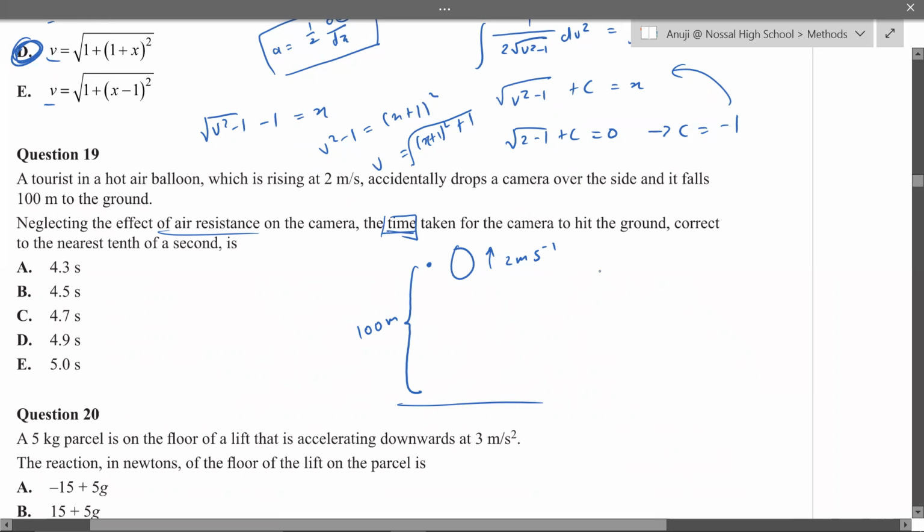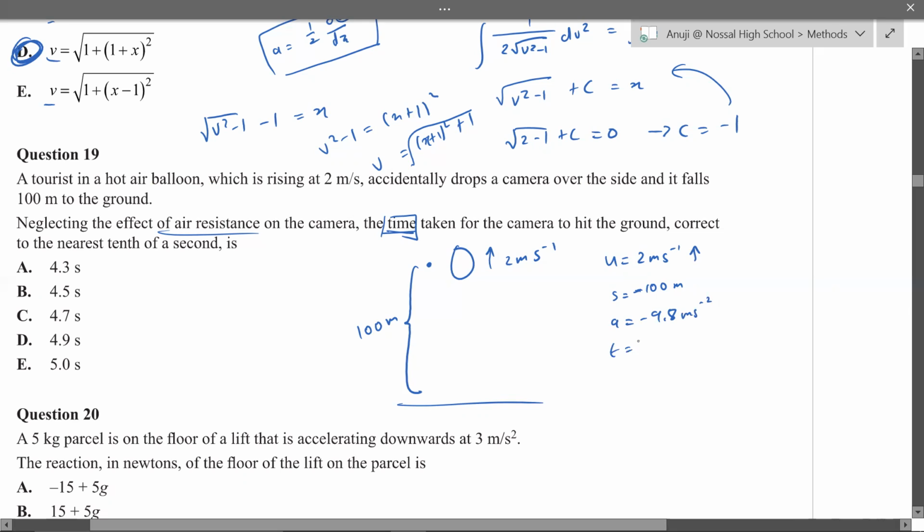So we have U, which is 2 meters per second going up, and we have S, which is 100 meters going down. So I'll just write negative 100 meters because displacement is not a scalar value. And we know A, which is negative 9.8 meters per second squared.